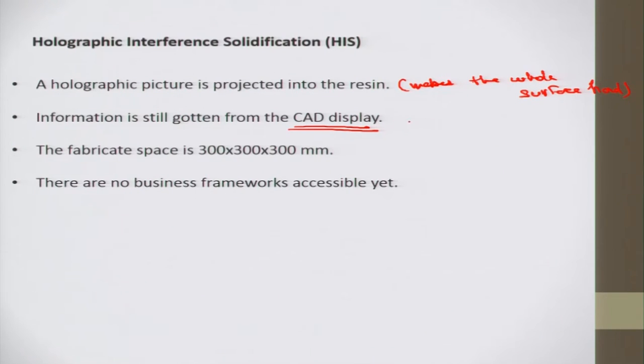Now, there are no cuts in this case, please keep that in mind. The build space is in general this much, but these are the machine properties. Sometimes bigger or smaller machines can also be used. There are no commercial systems available yet in this case.